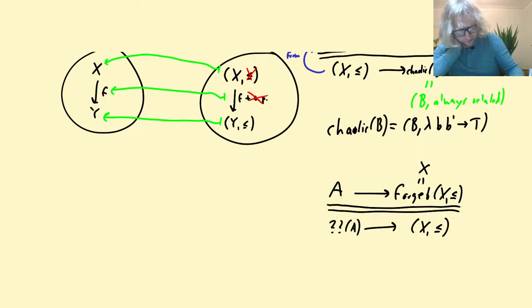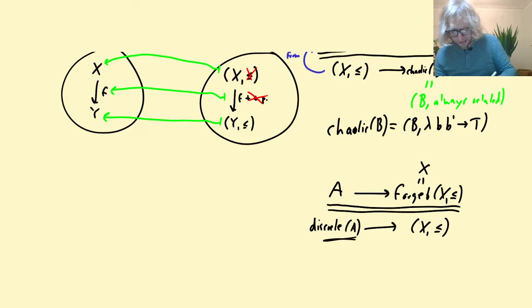So how do we make it as easy to preserve something as possible? Well, we make sure that it never happens in the first place, right? So if we make this what's called a discrete relation, then we should be good. So we can't quite make sure that nothing is related here, right?